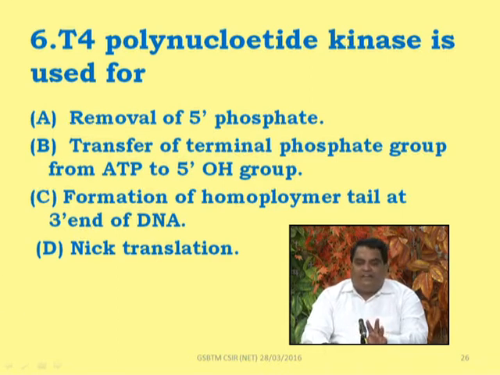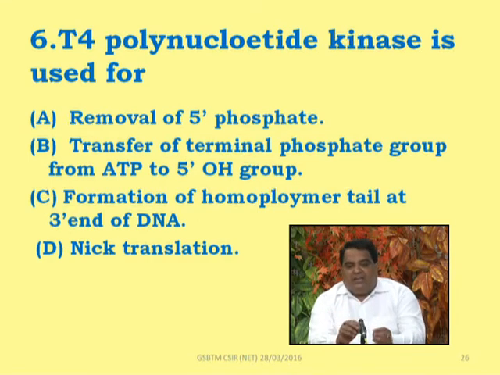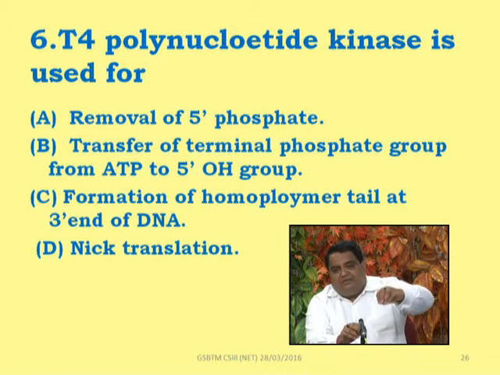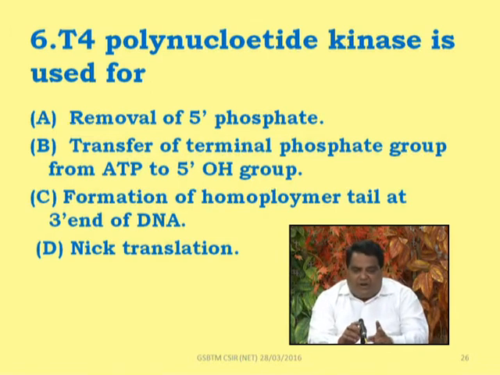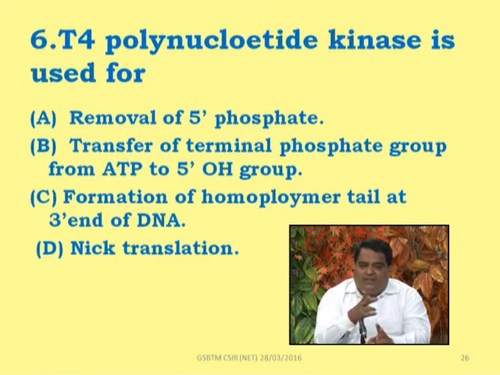Formation of a homopolymer tail is done by poly A polymerase, there is no correlation with polynucleotide kinase. And nick translation, if we want to prepare probes through nick translation, then what happens? DNase can create nicks randomly in a double strand DNA, and if we add radiolabeled dNTPs and DNA polymerase I, then it has exonucleolytic activity. So first it will bind on the nick and cut the DNA, and new DNA will be synthesized which contains radioactive phosphate.